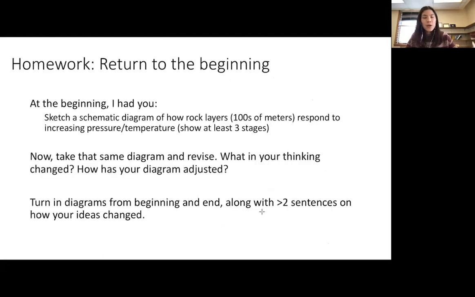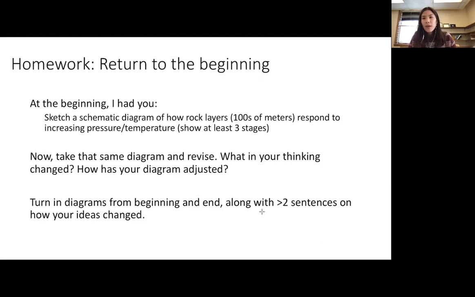Okay, so that's just some practice with those block diagrams. Let's return to our original motivating question though, in which I asked you to sketch a schematic diagram of how rock layers would respond to increasing pressures and temperatures. So now that we've learned more about the difference between brittle and ductile deformation, the conditions under which we get ductile deformation, and the different types of ductile deformation, I'd like you to take that diagram and revise it.